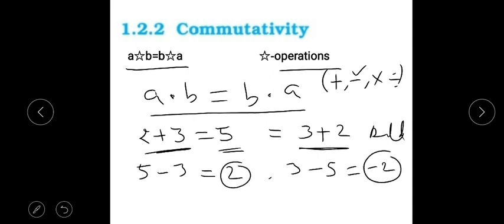So commutativity is not followed by the numbers for the operation subtraction. This is how commutativity works: if we operate any two numbers in any sequence, the results are the same.